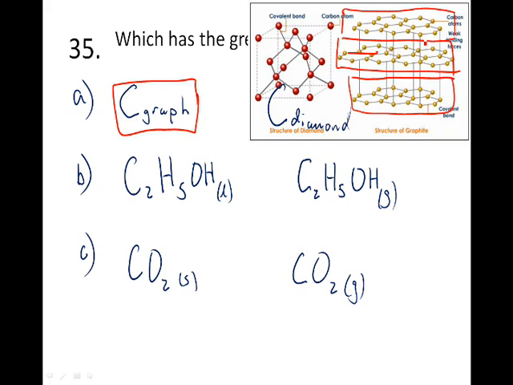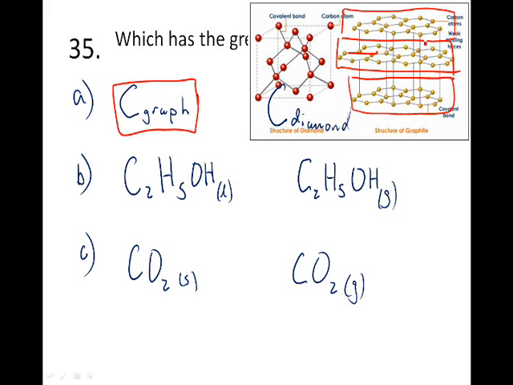Those are bonds that we'll call van der Waals forces or London forces that we'll look at in another chapter. So those particles can easily slough off. That's why graphite makes excellent lubricant, is because those layers can slide over the top of each other, or they slide off of your pencil.